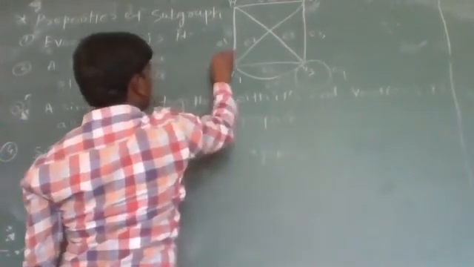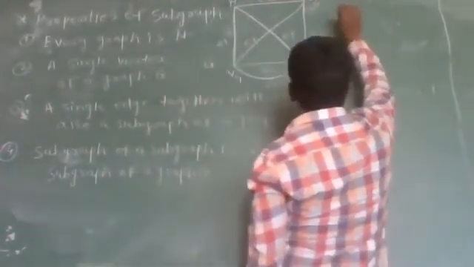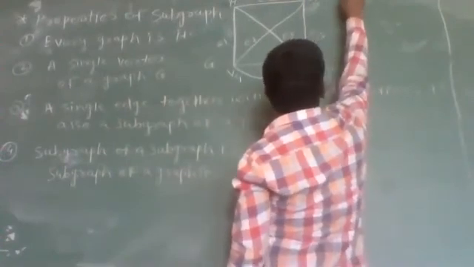This one is a graph G. Now, let us take one subgraph H of graph G.